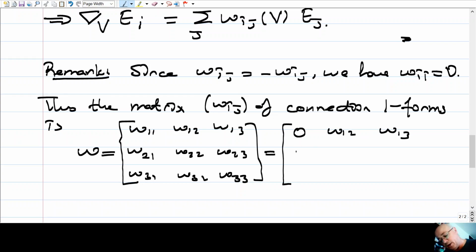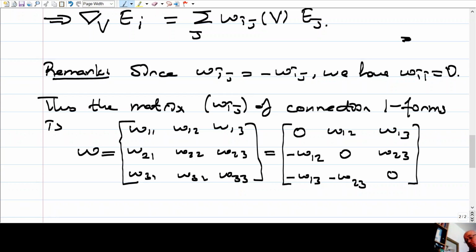W21 is just minus of this. So let me write like this, W12. And then I have 0. And I have W23. And then I have W13 here, minus W23, and this is also 0.